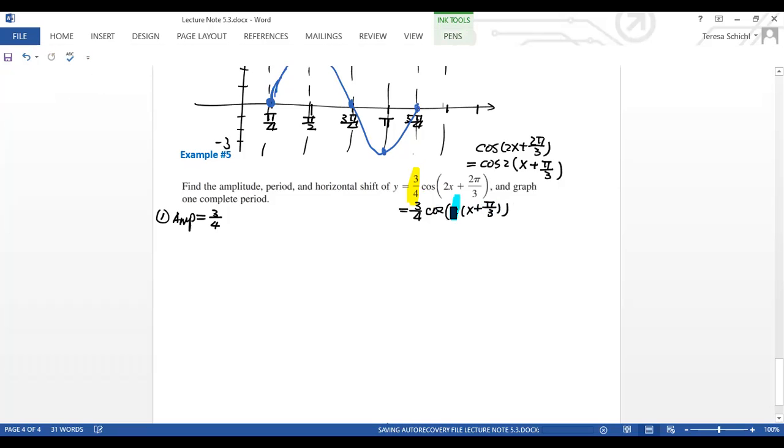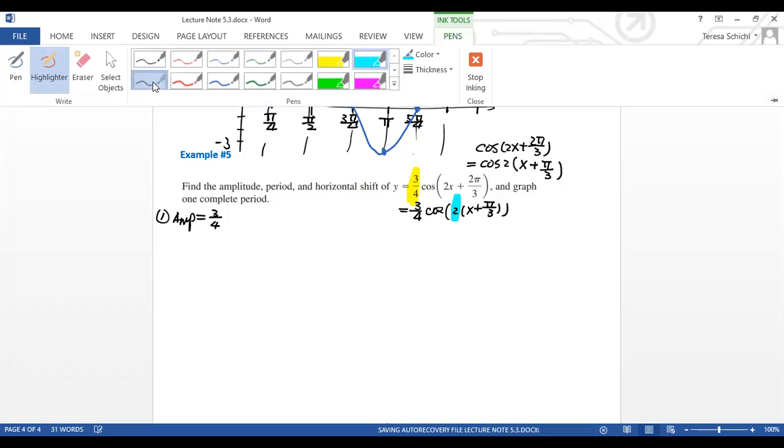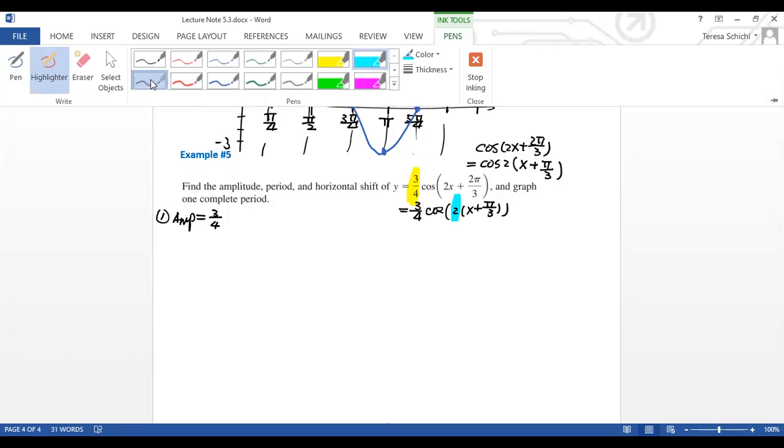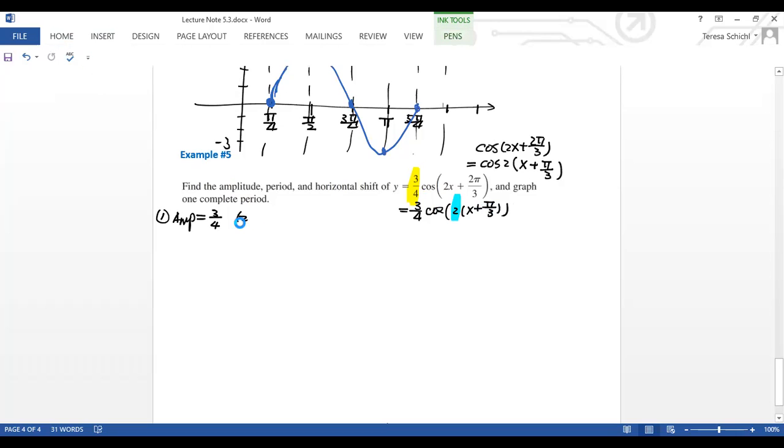So this number here determines the period, right? So the period will be equal to 2 pi divided by 2, which is equal to pi.